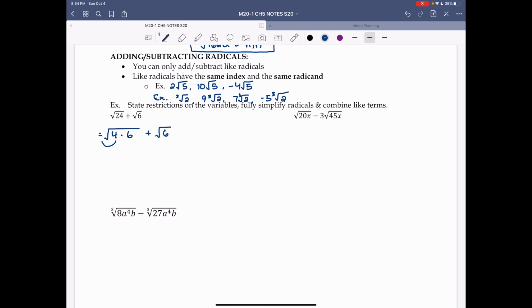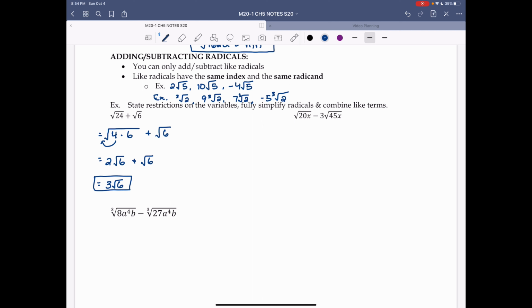We can take the square root of the 4. We get 2 times the square root of 6 plus the square root of 6. These are now like radicals. They both have square root 6. We can add them together just like we were adding 2x plus x. So we have 3 square root 6.